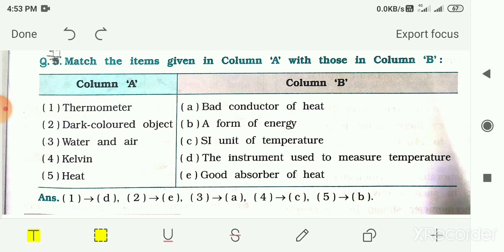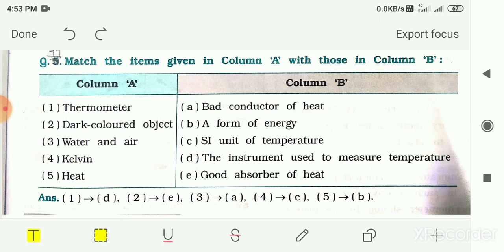So before ending this video, let me recall till now what we had seen in this chapter. We had seen that our sense of touch is not always a reliable guide to the degree of hotness or coldness of any object. Then after we had seen temperature is a measure of the degree of hotness of any object.